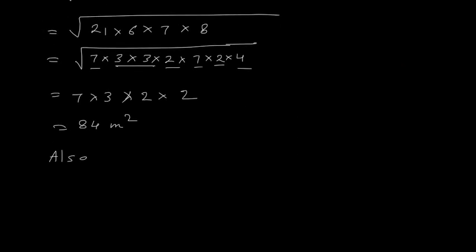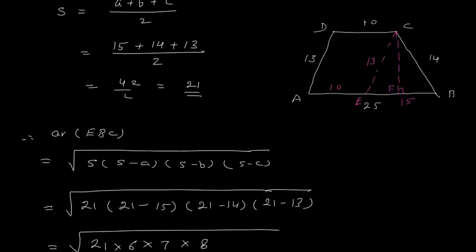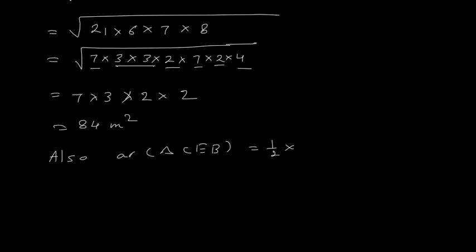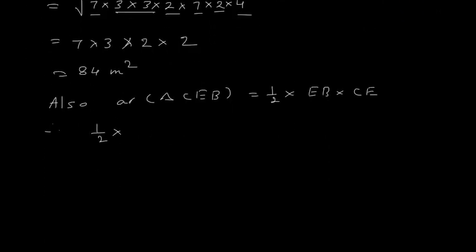Also, area of triangle CEB can be written as half into base, which is EB, into height, which is CE. So half into the value of EB, 15, into CE, we don't know, is equal to 84. So the value of CE will become 84 into 2 divided by 15.